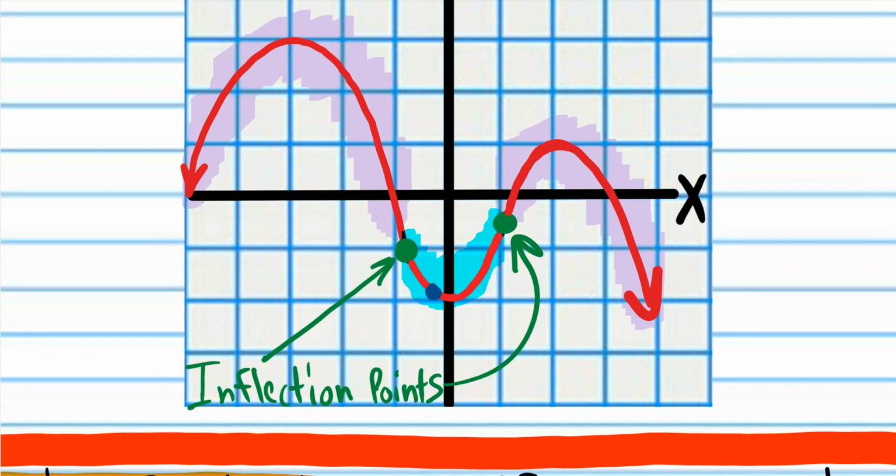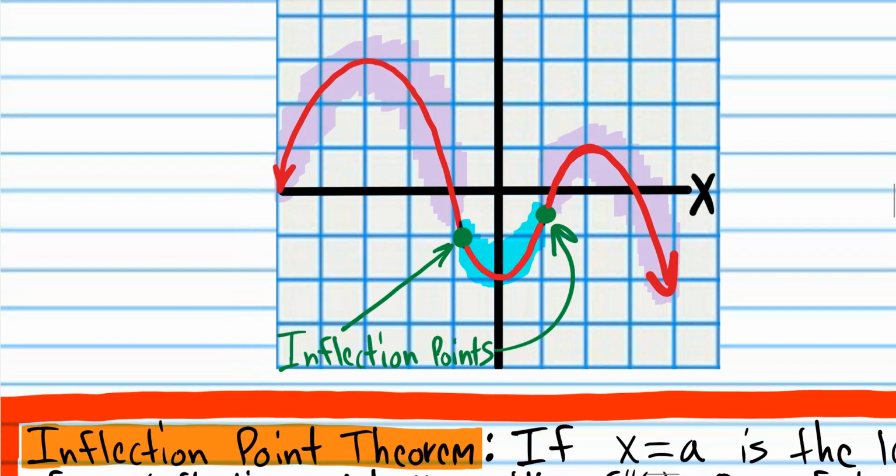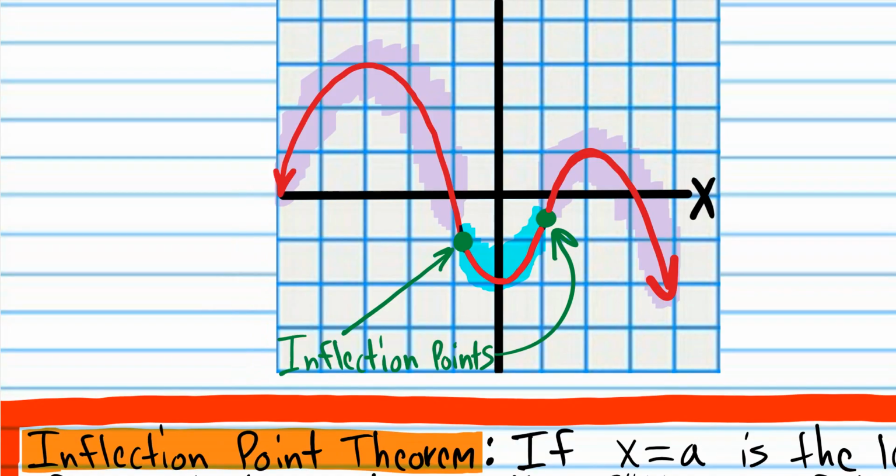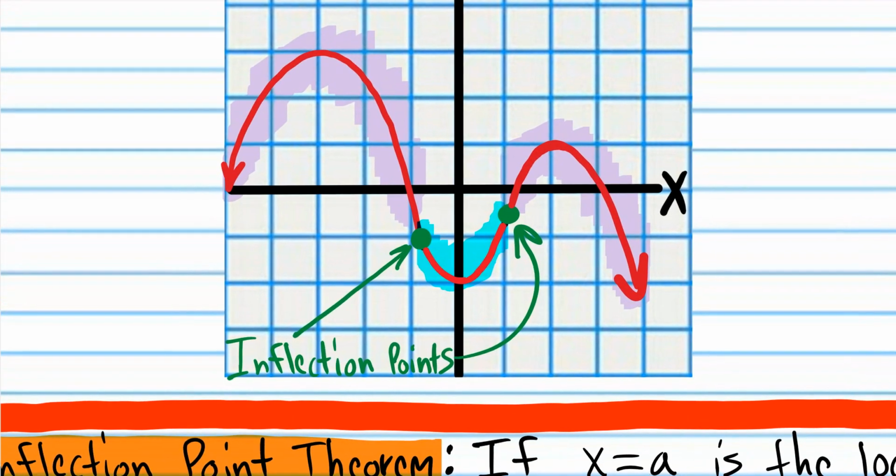But if we draw a line tangent to the graph on the blue part of the function, then you can see that the red graph is actually above the tangent line. That's because in the blue part, the concavity is upward. So that's just another way to think about it. Again, concavity is easy to understand, but not so easy to explain. Now, where the concavity changes, we call those inflection points.